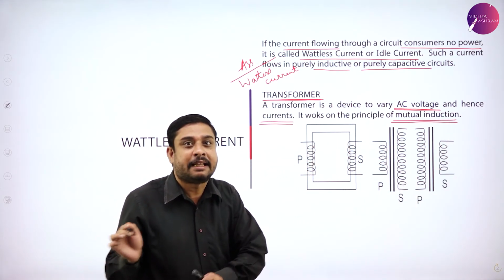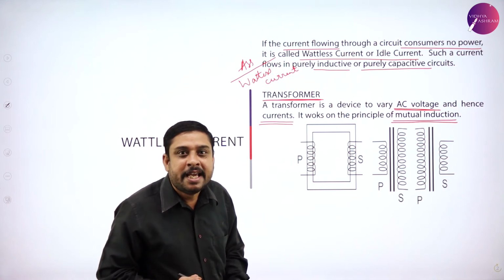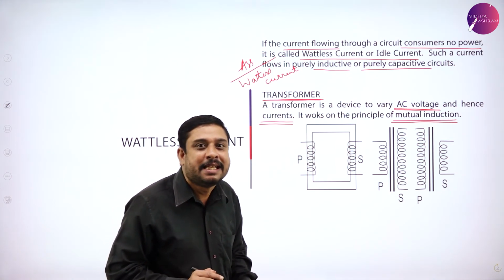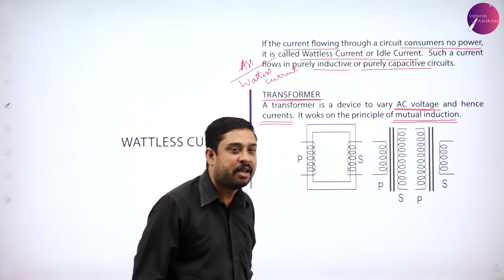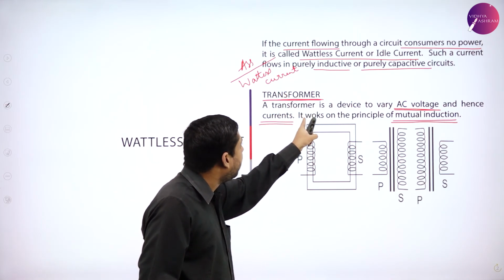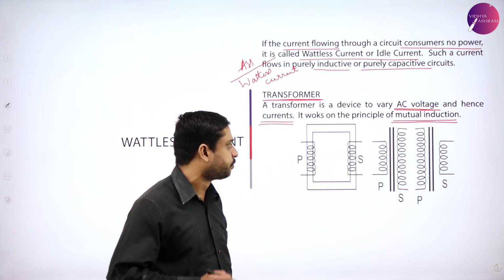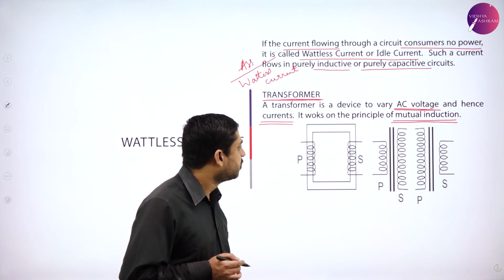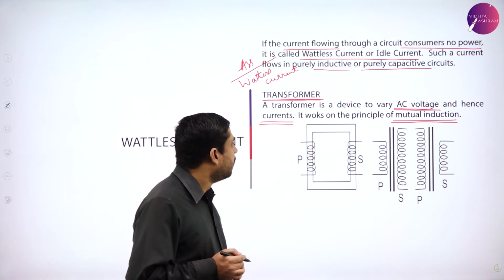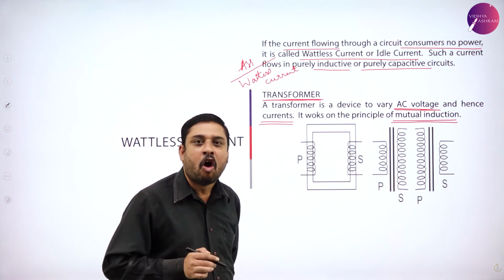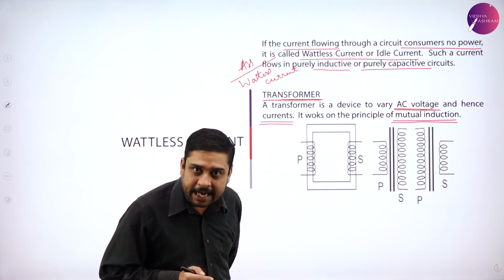There is a primary coil and a secondary coil. Change the current in the primary, EMF and current are induced in the secondary, as in the EMI chapter. So this is a very important 1 mark question again. A transformer works on the principle of mutual induction. So please understand, a transformer is a device used to vary or change AC voltage and AC current.